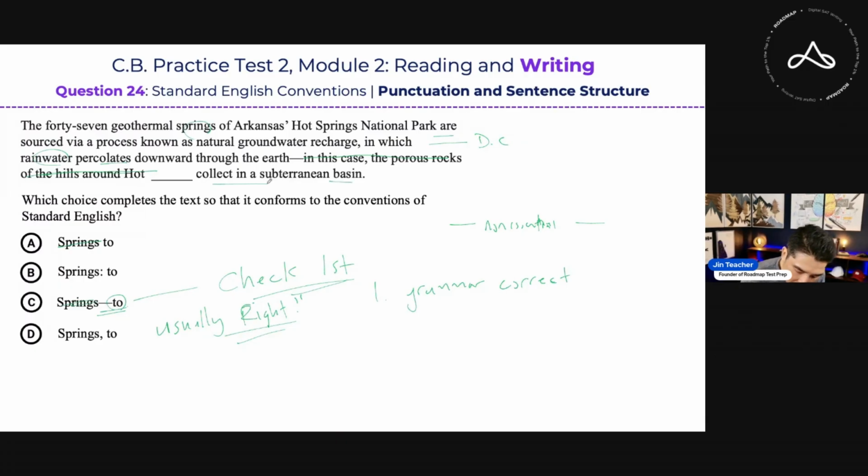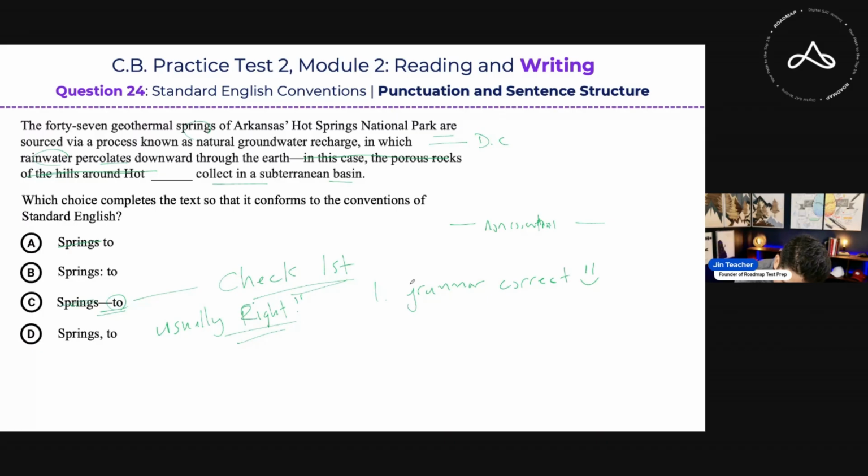That looks pretty good. That makes sense, right? It's grammatically correct. The rainwater percolates downward through the earth to be collected in a subterranean basin. So grammatically, it's correct. That's the first thing that we check for.